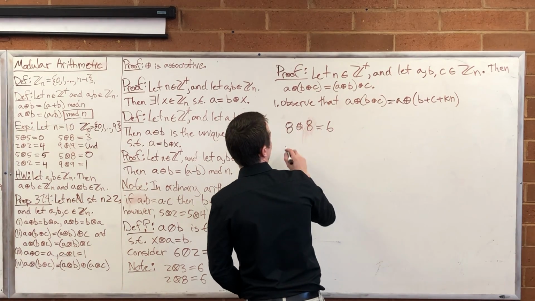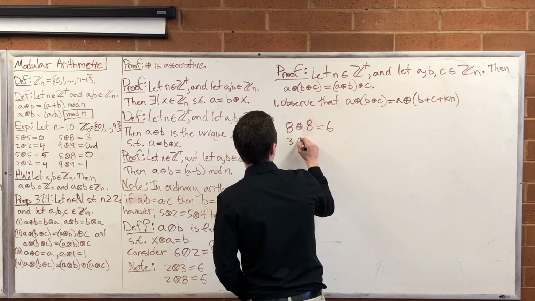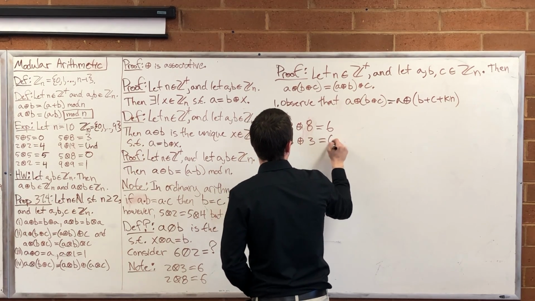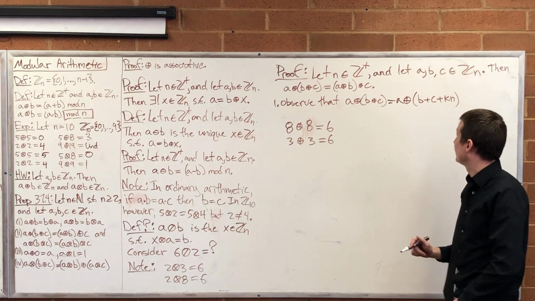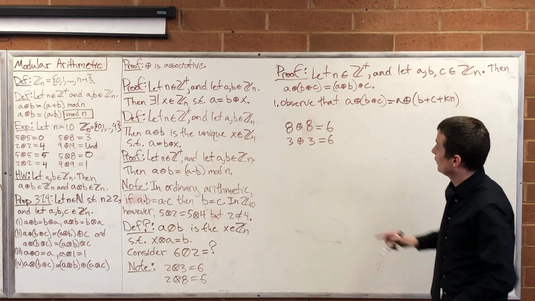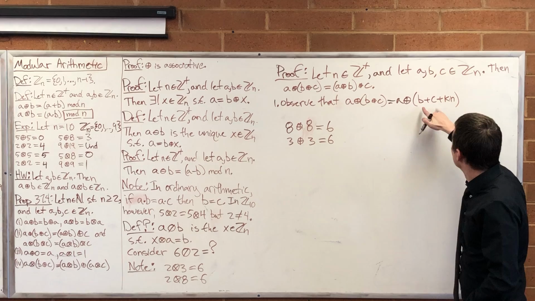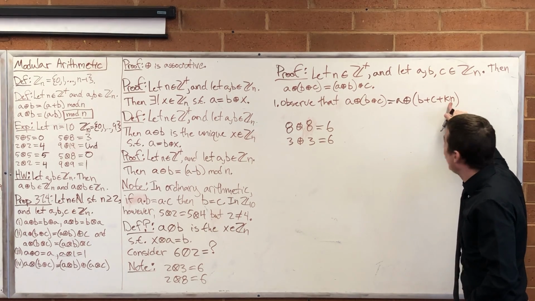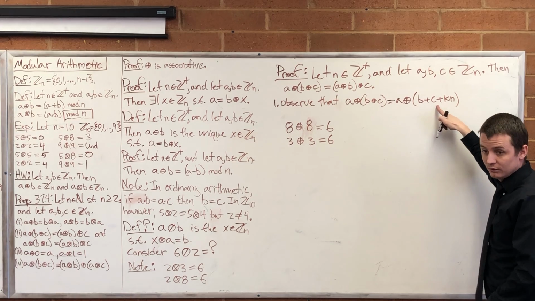But we also have, let's see, another way that we can get it. 3 plus 3 is equal to 6. So these are two ways of expressing the exact same value, right? The difference is that this one, when we do it in regular addition, is 8 plus 8, whereas this one was just 3 plus 3.